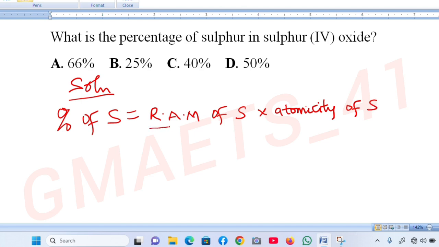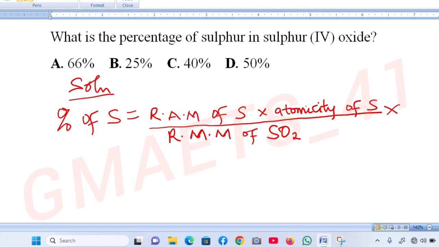We shall divide all of this by the relative molecular mass, RMM, of the compound containing sulfur, which is sulfur IV oxide in this case. Whatever we obtain, we multiply by 100. This is the formula you use, and this formula also applies to calculating the percentage composition of any element in any given compound.